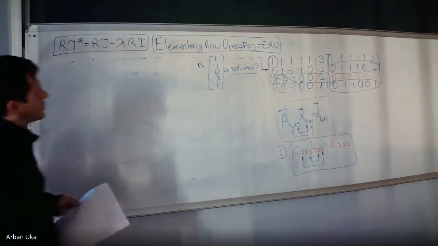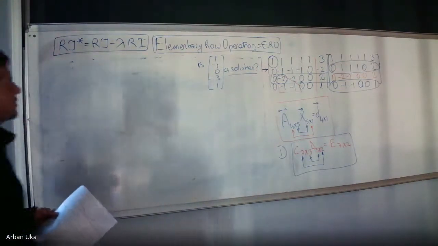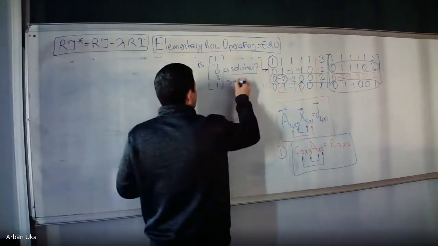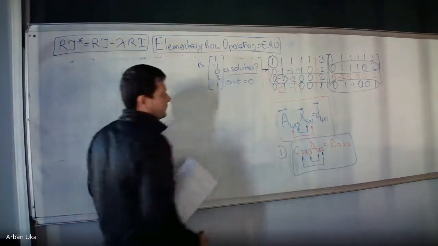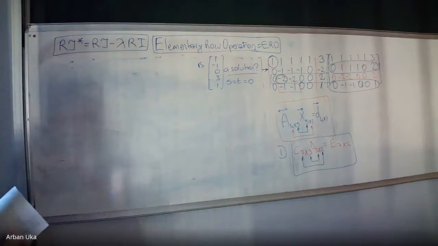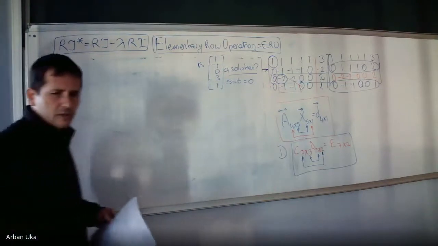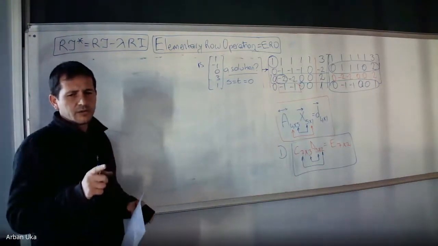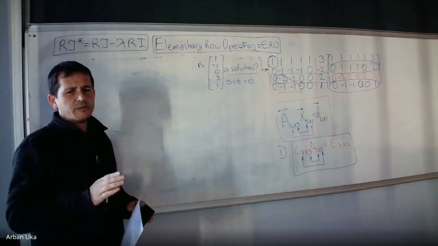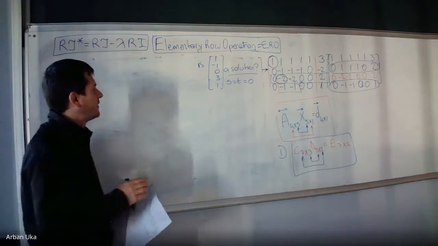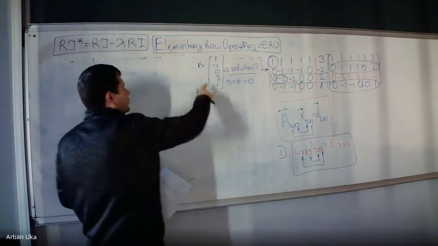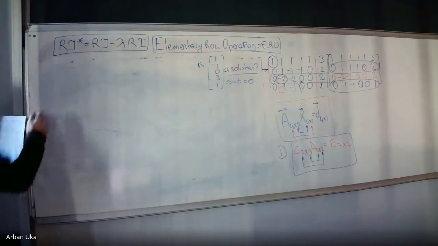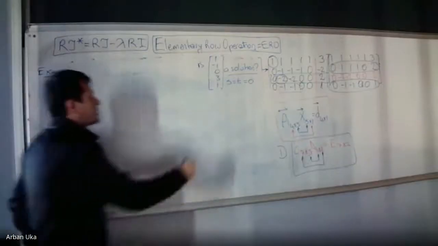So if you took notes, can you check if this is a solution, which stands for s equal to 0 and t equal to 0? We had the solution which looked like a plane where s and t are free variables, but they could even be 0, right? So if they are 0, the solution would look like this. Can you check if this satisfies the system of equations? Yes, it does. Okay, so it is a solution, that's good.